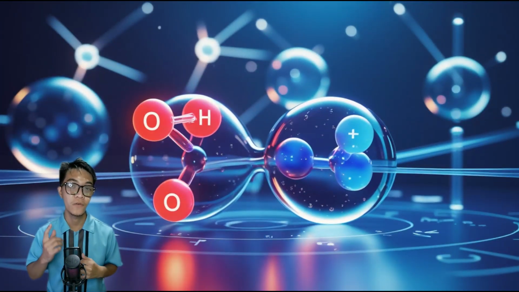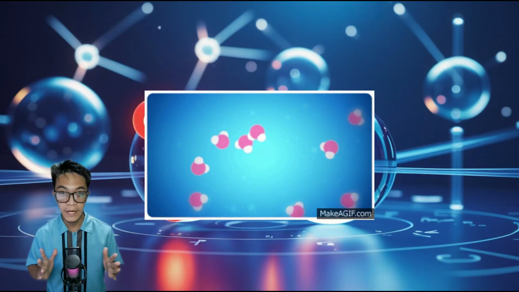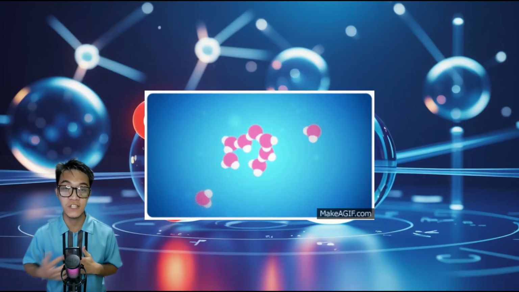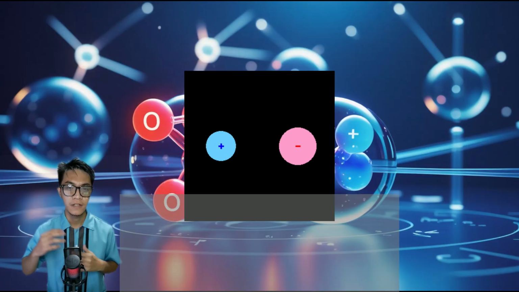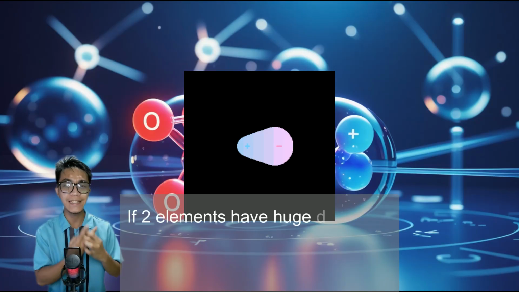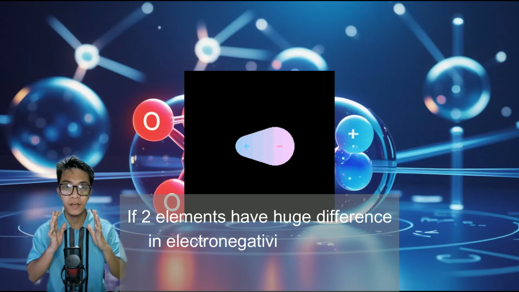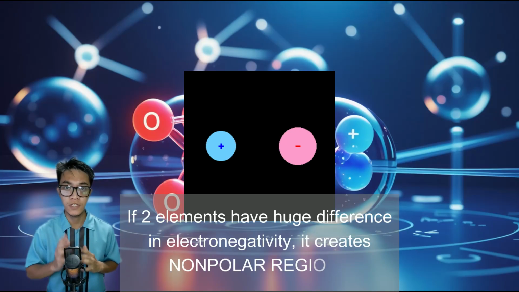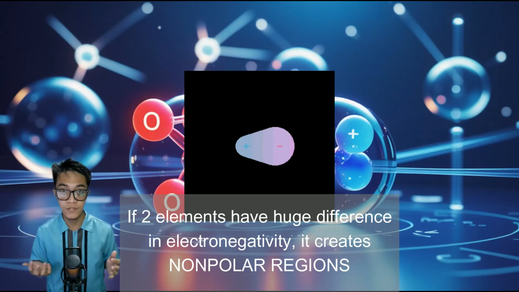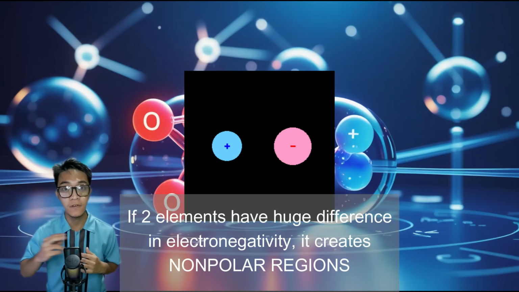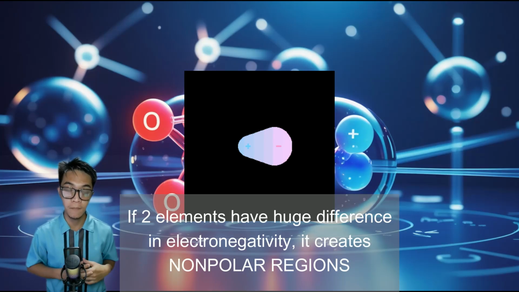Electronegativity is also responsible for the formation of the different polar regions in compounds. Because basically, if two elements have a great difference between their electronegativity values, then of course, the stronger element will always pull more of the electrons, creating positive and negative polar regions within a compound.